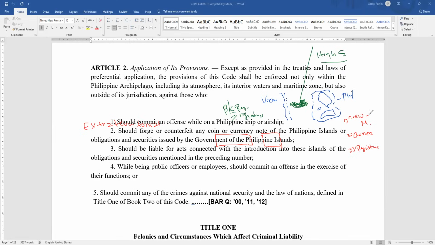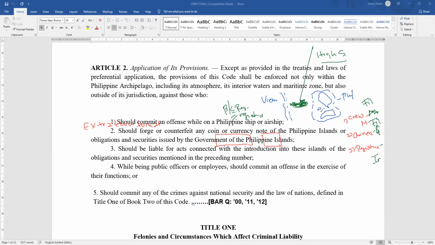The crew are Malaysians. The owner is a Singaporean. No? Registered in Indonesia. O gawin na natin crew, Filipinos. No? The owner is also a Filipino, but registered in Indonesia.